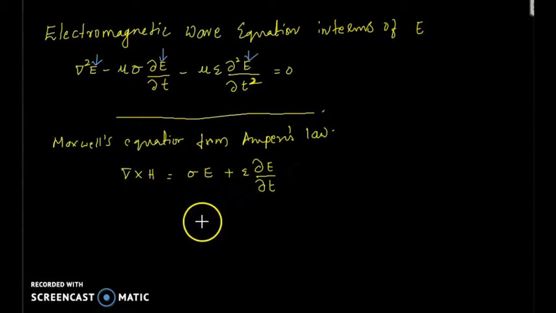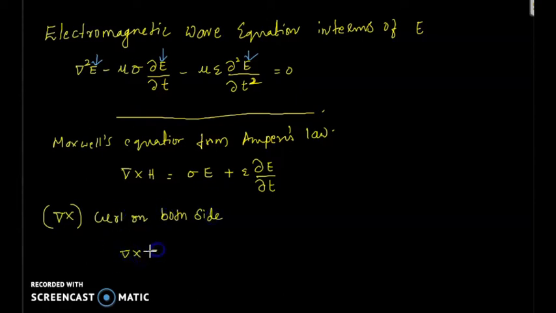Now taking curl operation on both sides, this is the same way we did for deriving the wave equation in terms of E. So this becomes epsilon the curl of the partial derivative of E.